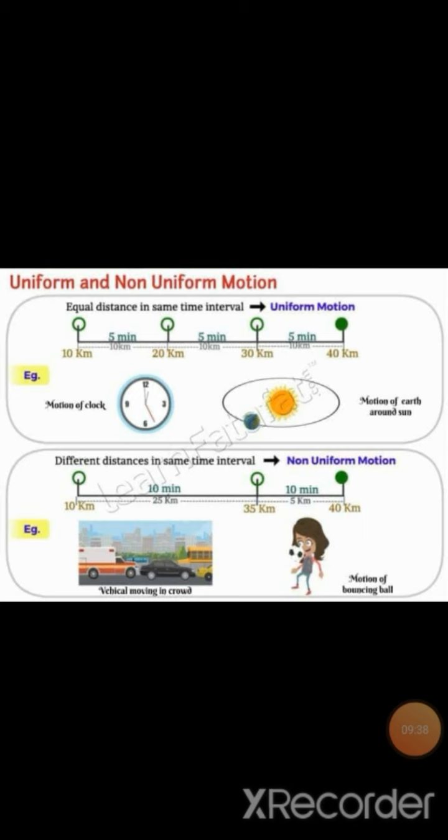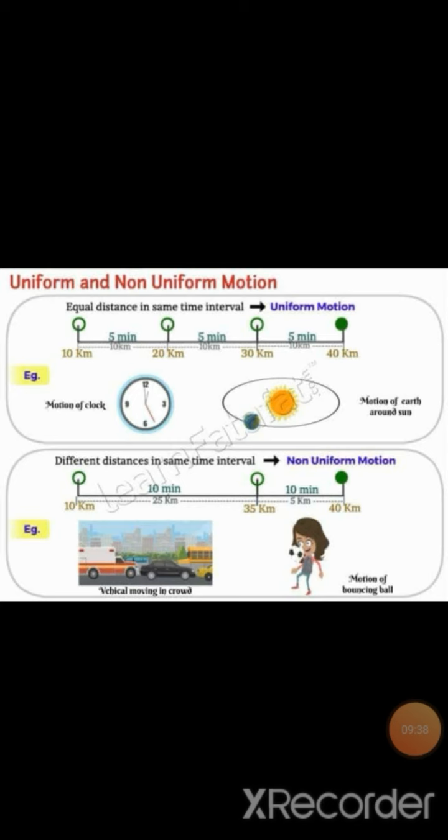The movement of planets around the sun can be taken as an example for uniform motion. If you consider vehicles moving on a busy road, they cannot cover equal distances in equal intervals of time. Sometimes they may move fast, sometimes they may move slowly.